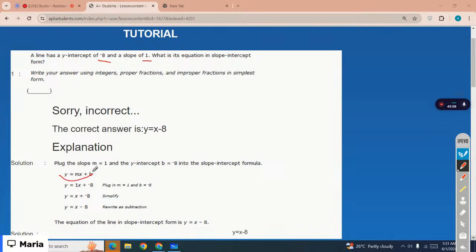So you have to use the equation in the slope-intercept form, that is y equals mx plus b. So m is 1, the slope is 1. So replace the m with 1 and the y-intercept is -8. So the equation is y equals x minus 8.